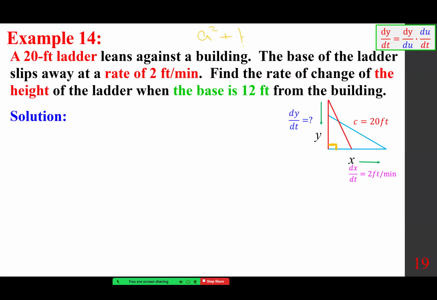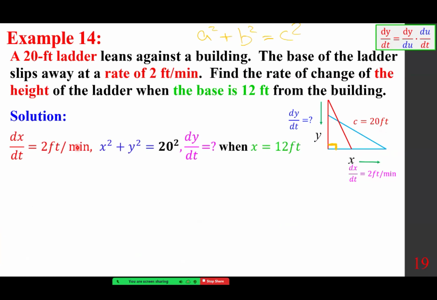Pythagorean theorem says a squared plus b squared is c squared. Therefore, x squared plus y squared is 20 squared. dx/dt is 2 feet per minute. dy/dt is missing at what point? When the base is 12 feet, when x is 12 feet. So this is the translation of this along with the setting.